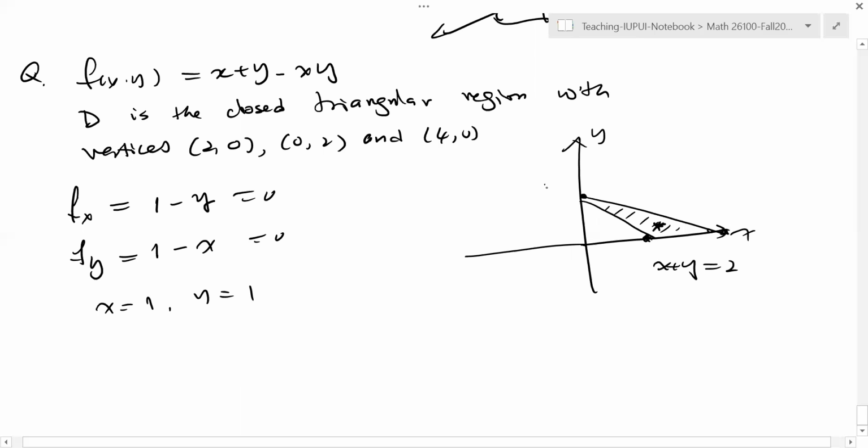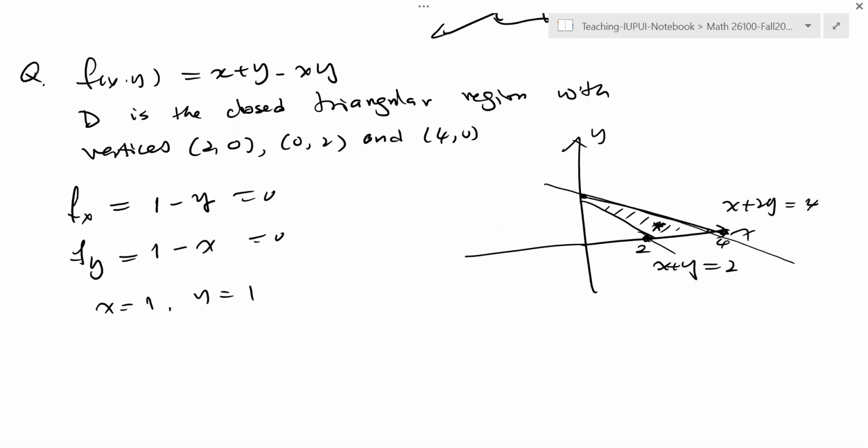This other line, let's find the equation. Here's 4, here's 2. The slope is negative, so it's going to be x plus 2y equals 4, I think. When y is 0, x is 4. When x is 0, y is going to be 2.